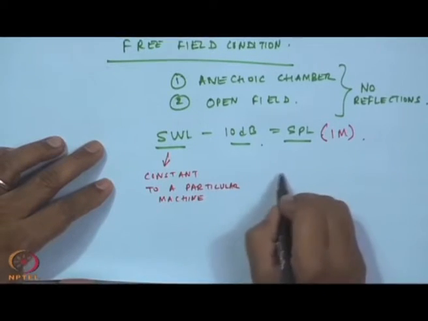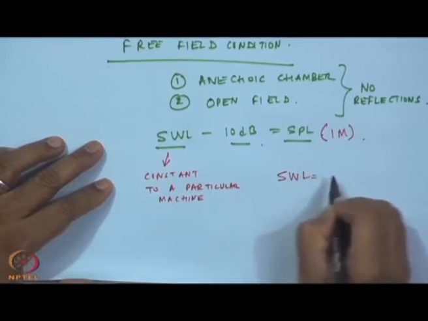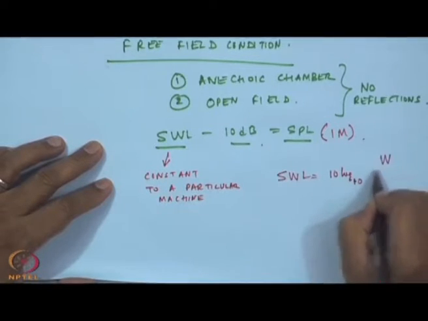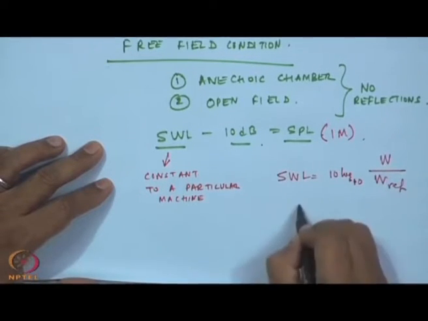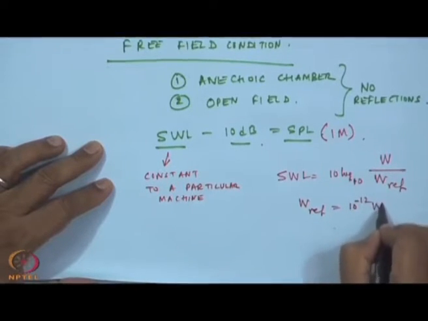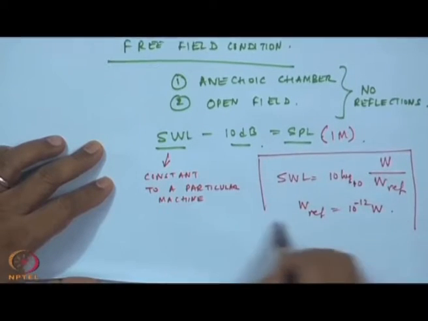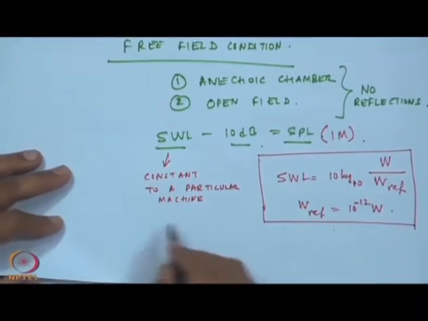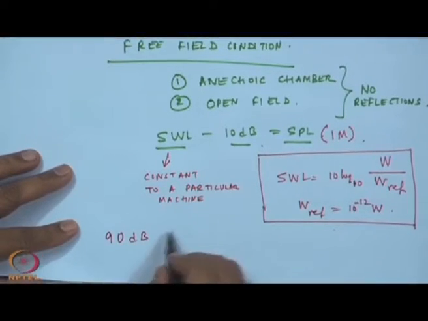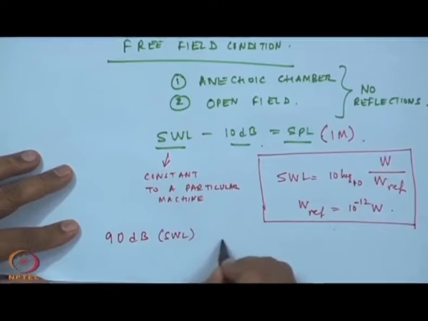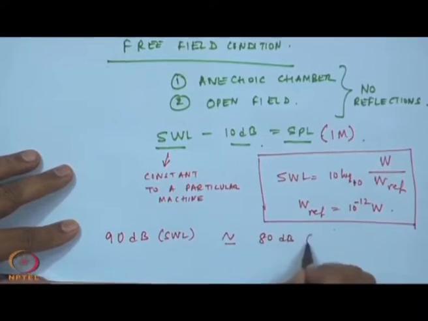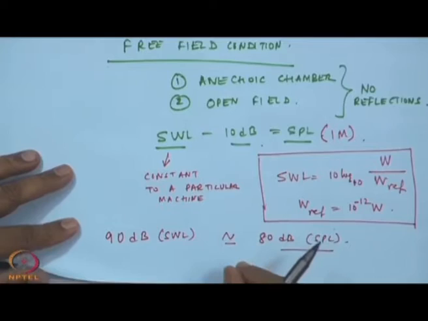SWL is actually 10 log 10 of W by W reference, where W reference is 10 to the power minus 12 watts. You have to keep this in mind. So, in this problem, if the machinery had 90 dB as SWL, the SPL would be close to about 80 decibel in free field conditions at a distance of 1 meter.